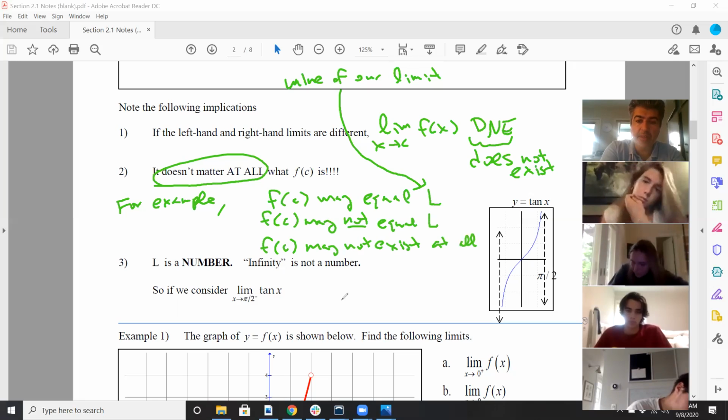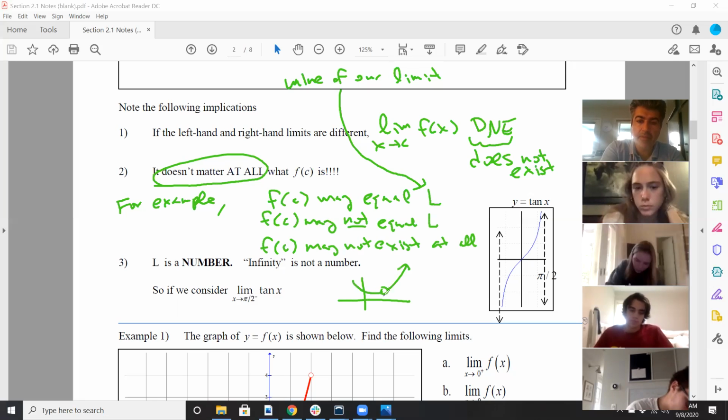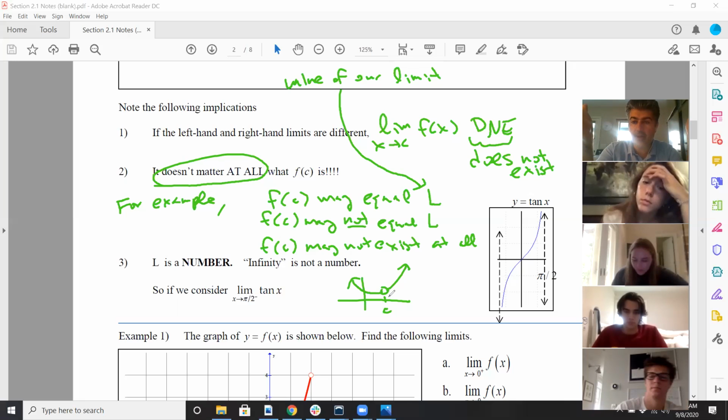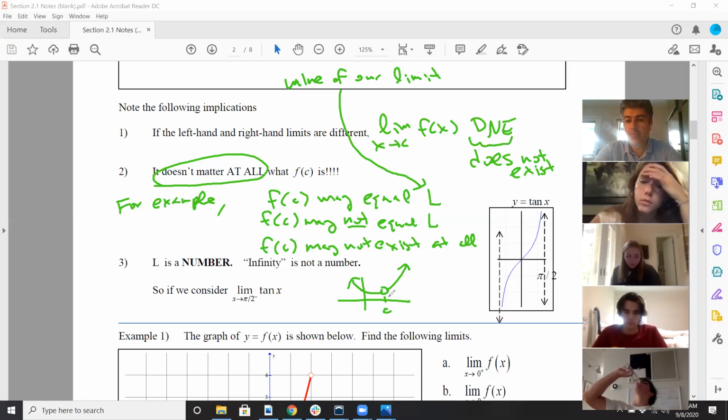Like you could have had something like this here, and x equals c is not part of the domain. That could happen too. Add the word may, remember. The y value at x equals c could equal the limit, could not equal the limit, or just not even be defined as part of the function.